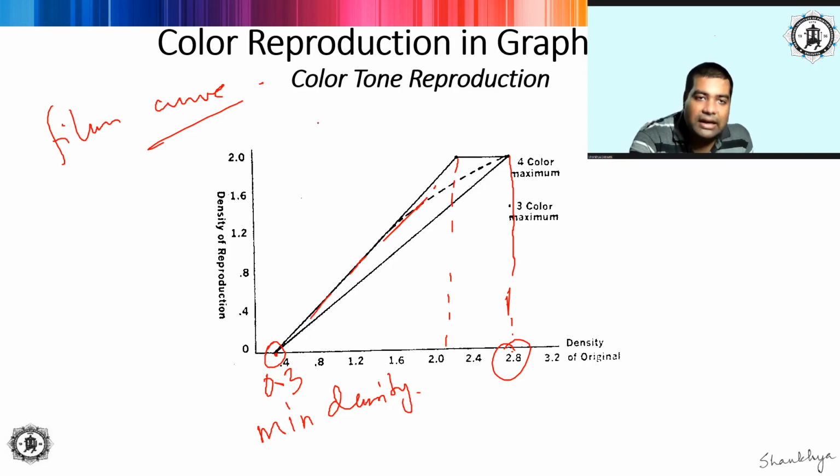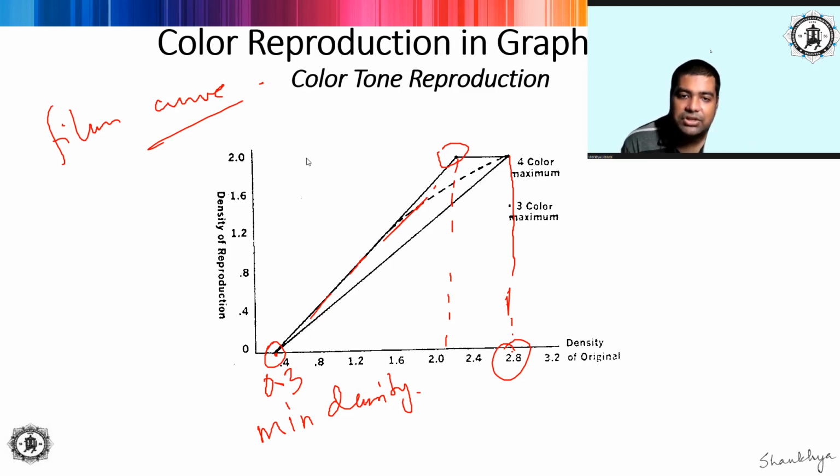That is what we have done. We have started from the minimum density and reached a point where it has the maximum printable density, right? And that would actually give a reproduction that was not too satisfactory.